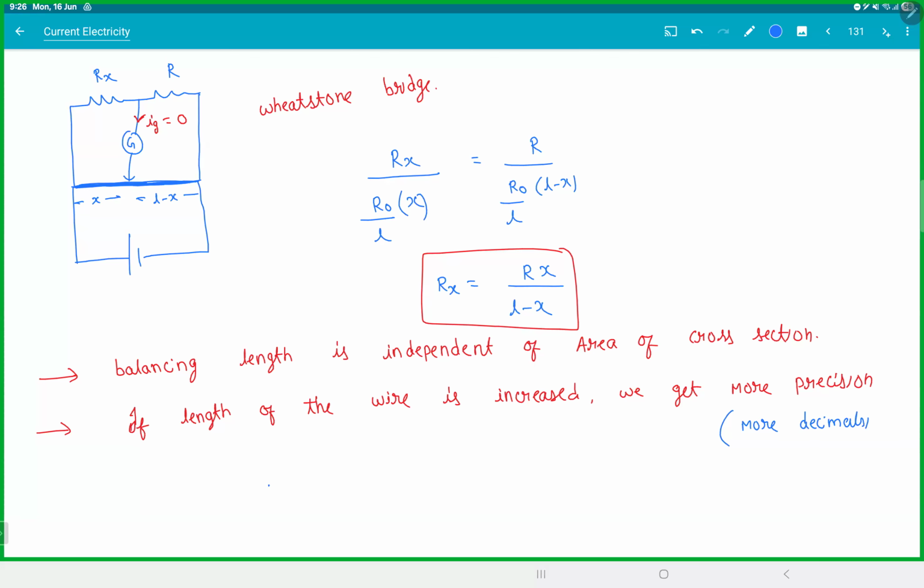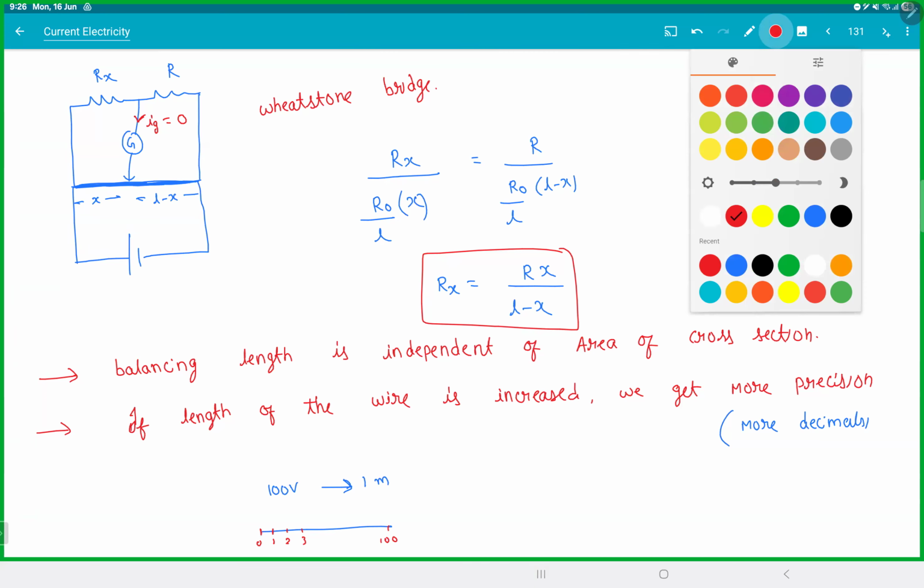For example, let's say I use a 100-volt battery for a 1 meter wire. How will the numbers be? For every 1 centimeter, I'll use 0, 1, 2, 3, so on till 100. That means here all the values will be like 1 volt, 2 volt, and 3 volt.